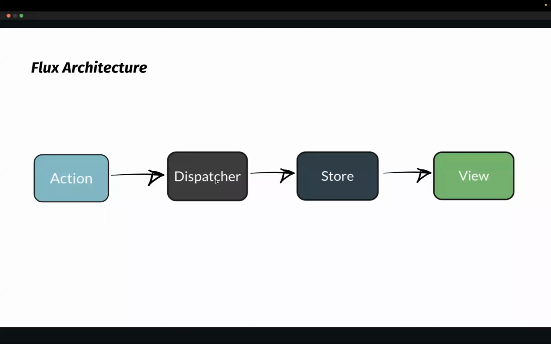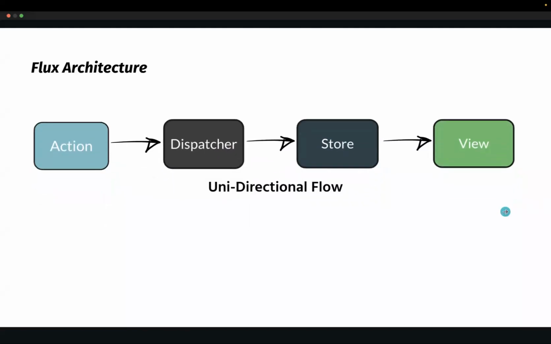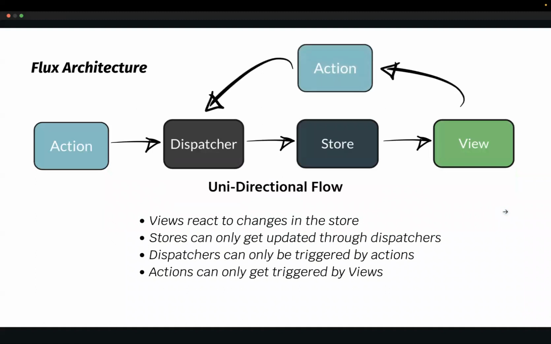I will show you in the next diagram. From the view. The flow in the Flux architecture is much easier. From the view, the action is triggered. The action triggers the dispatcher function. The dispatcher changes the store, and then the store changes the view part.